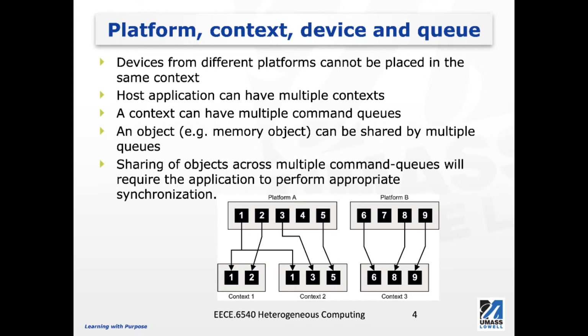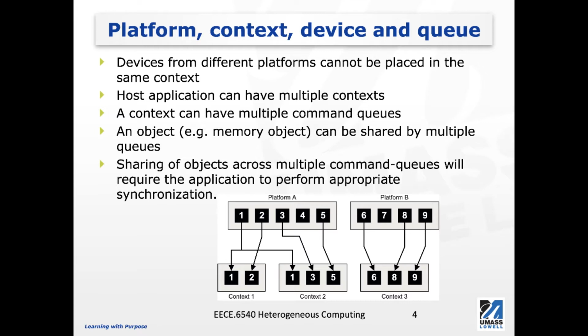On a physical platform, we may have different OpenCL platforms provided by different vendors. In principle, these different platforms cannot be placed in the same context because oftentimes the vendor provided libraries and platforms do not operate with each other nicely.